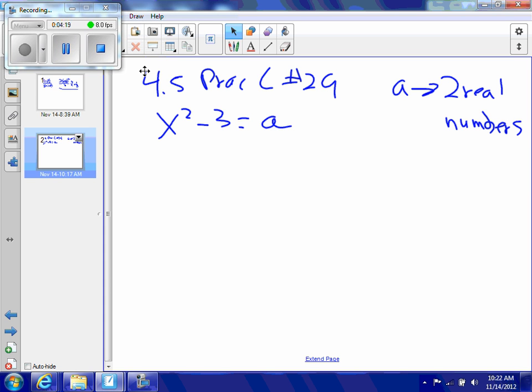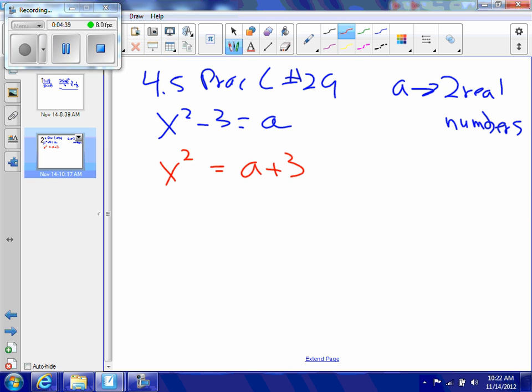Any thoughts on what I should do to figure this out? Okay, so here's what I'm going to do. I'm going to add 3 to both sides: x squared is equal to a plus 3. Is that all right?